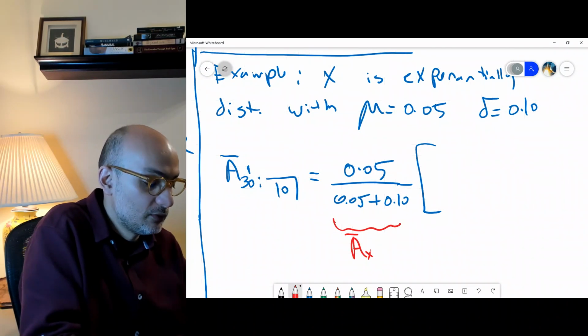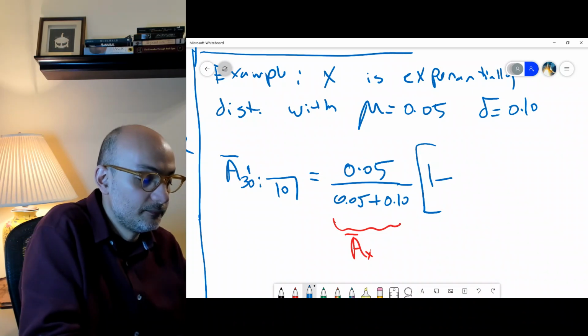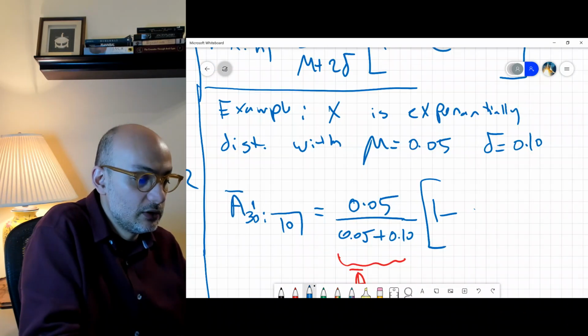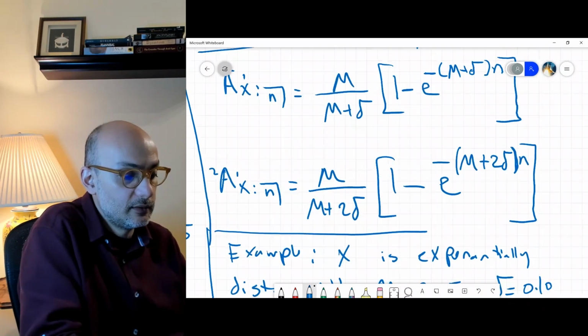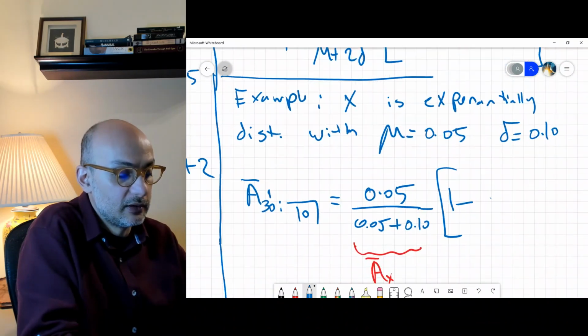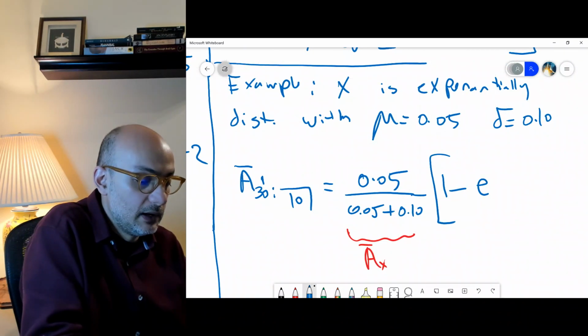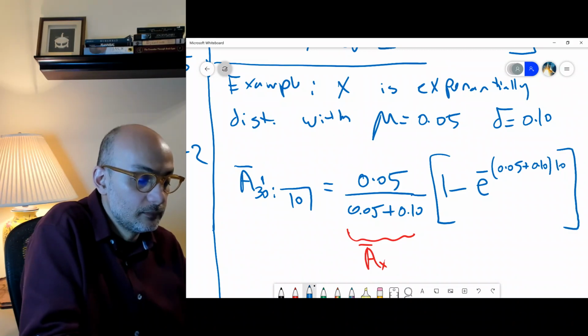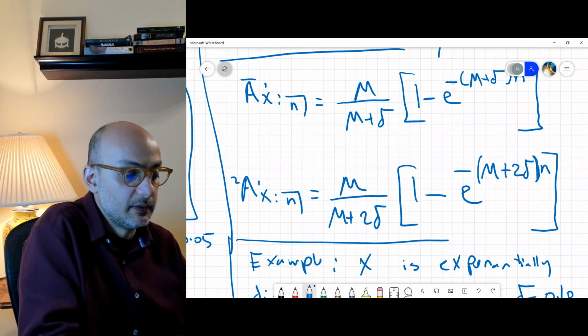But now we need to multiply by 1 minus e to the minus delta plus mu, which is 0.5 plus 0.1, multiplied by 10. Right. This is simple, right?